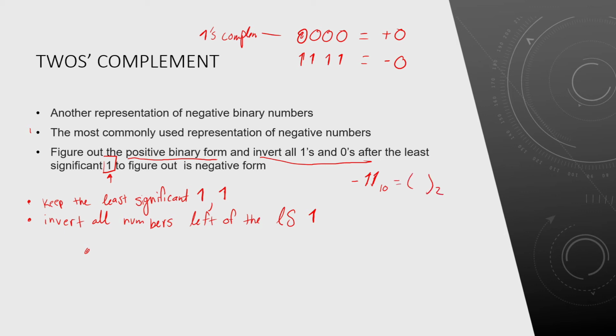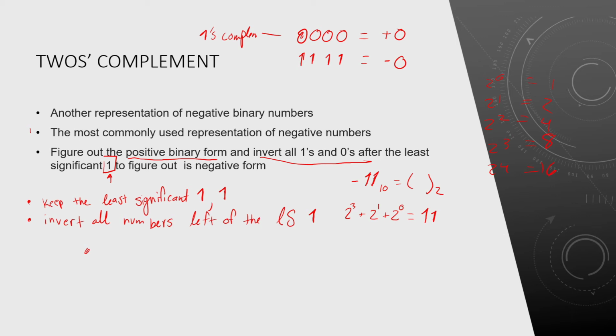So we want to figure out the positive form first. Let's use the sum of powers method. 2 to the 3 plus 2 to the 1 plus 2 to the 0 equals 11. Let's use a 6-bit register. So what am I doing here? We have 2 to the 0, 2 to the 1, 2 to the 2, 2 to the 3, 2 to the 4: 1, 2, 4, 8, and 16.